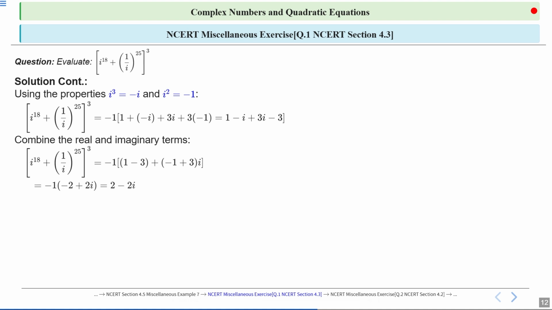So for the simplifying, we get minus 1 times minus 2 plus 2 times iota, which is equal to 2 minus 2 times iota. This is our final answer. Therefore, the value of iota to the power 18 plus 1 divided by iota whole to the power 25 whole cube is 2 minus 2 iota.